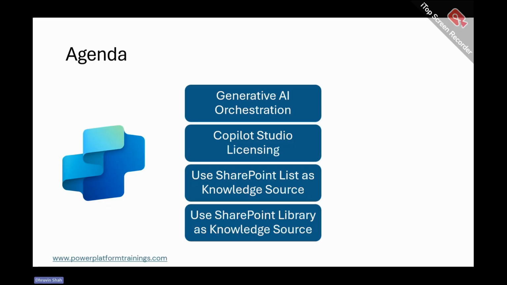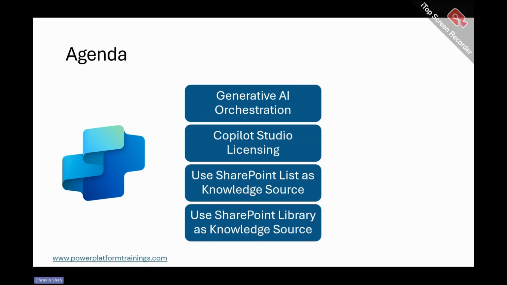Then we will start our journey in today's class with SharePoint as well, because SharePoint is a very popular data source, and in most Copilot Studio agents we need to use SharePoint. When you have a SharePoint list or a SharePoint document library and you need to use them as a knowledge source, how will your agent work and behave? We'll talk about that.